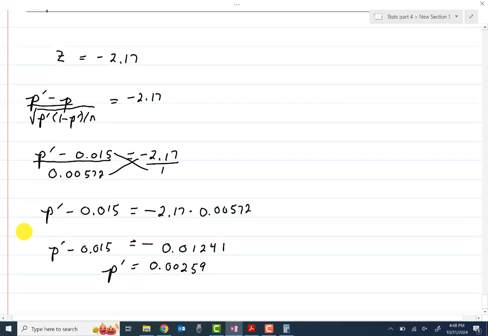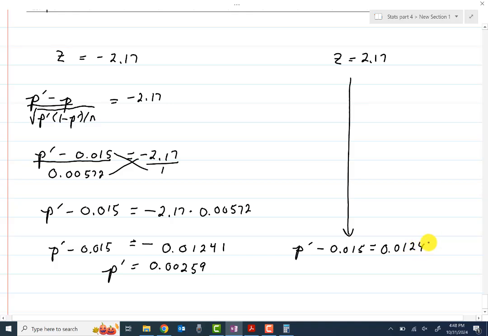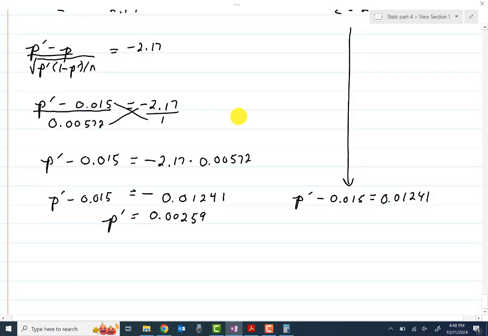Now the other one's going to be a lot easier. The one that starts out as z equals 2.17. You can come right down to here, and this time we have P prime minus 0.015 equals, I'm sorry, this time it'll be positive, 0.01241, and then I'll add 0.015 to both sides.